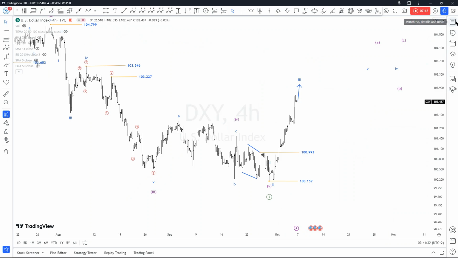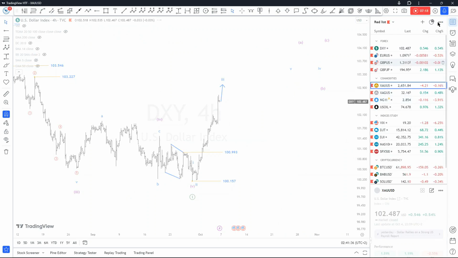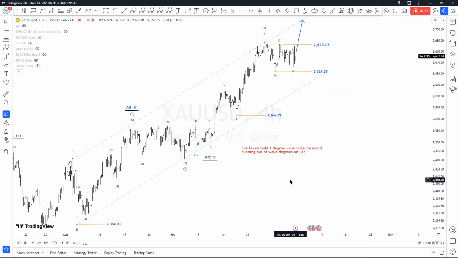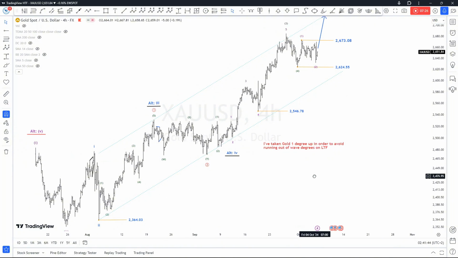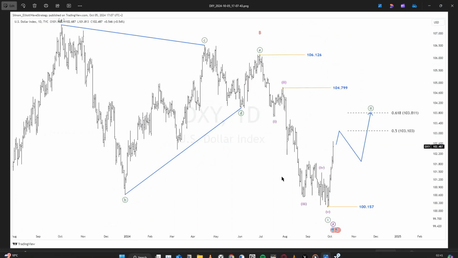So moving on next to the gold, because I know it's one of the things I mentioned that I will actually check on. On gold, by the way, we have two possible wave counts that are in play. I have actually highlighted them well here.